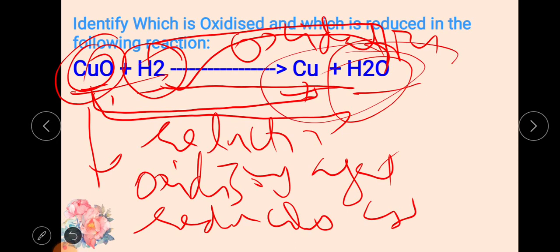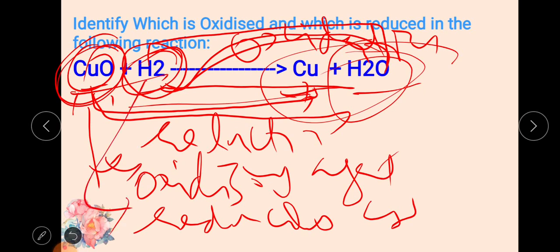Hydrogen gained oxygen, so it oxidized, and it helped reduce the copper oxide. So copper oxide is the oxidizing agent and hydrogen is the reducing agent.